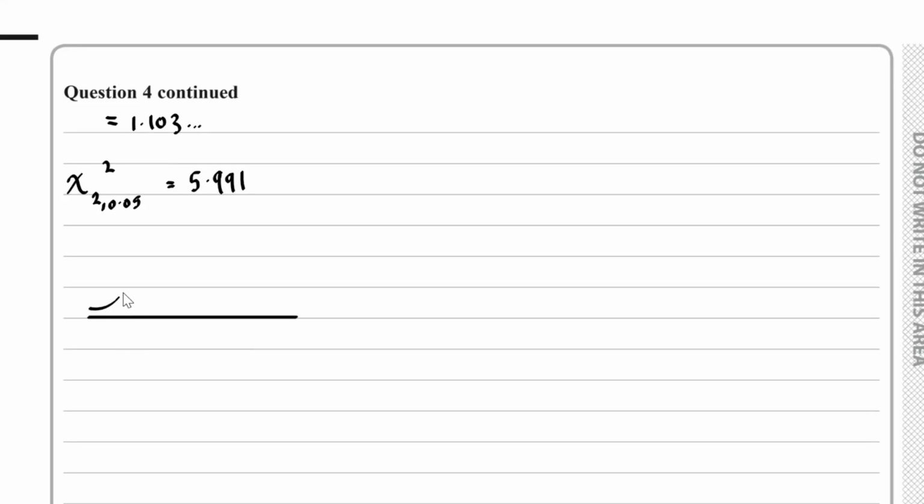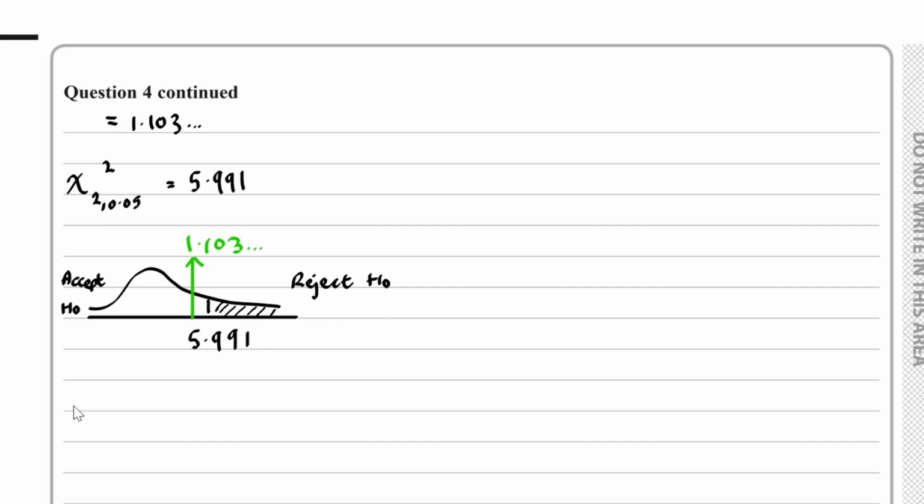Now what we can do is draw a quick diagram. Here we have our critical value, where we reject H0, and here is where we accept H0. We've got a critical value of 5.991. It turns out we got a value of 1.1 or 3, etc. So we're in the region where we accept H0.